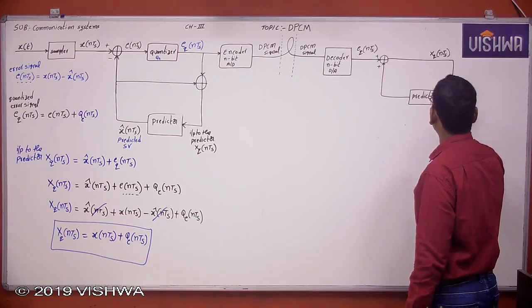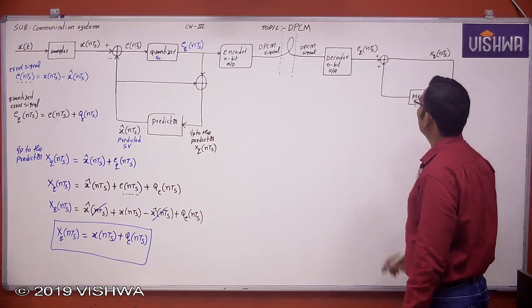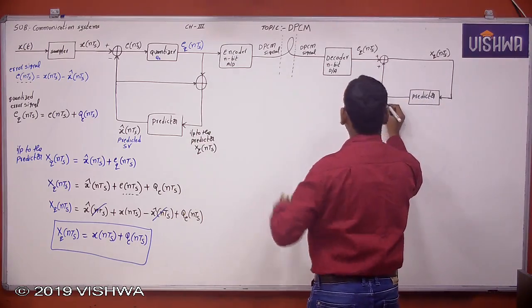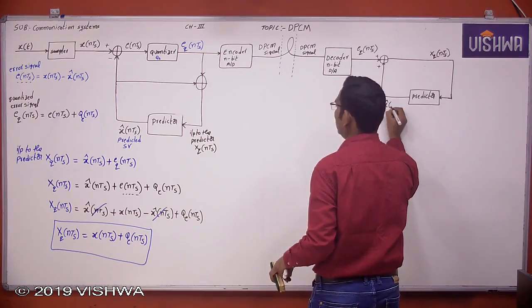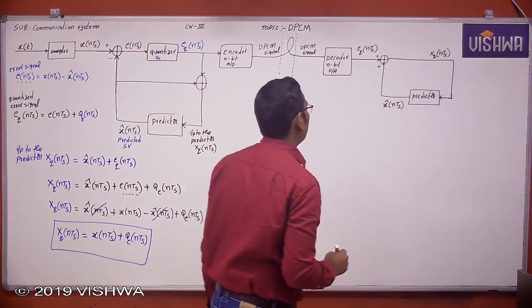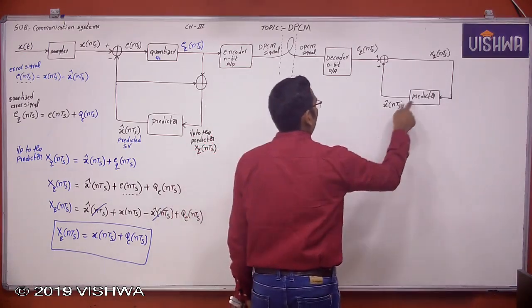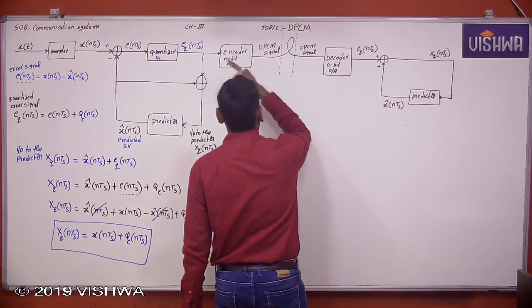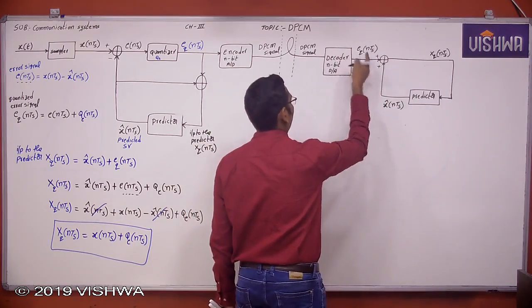You should get the same. Now let us see here. The predictor output is nothing but the predicted sample value x cap of NTS. Now see here, this is the predicted sample value, and the quantized error signal is the output of the decoder.